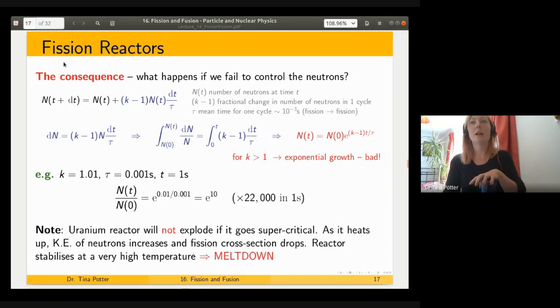So we can take this and have a look at what happens at some particular time. We're starting with some number of neutrons, and they should basically grow exponentially if k is larger than 1. Well, they should decrease exponentially if k is less than 1.